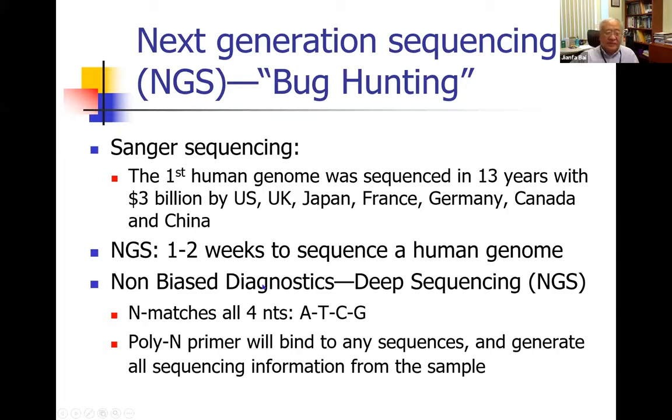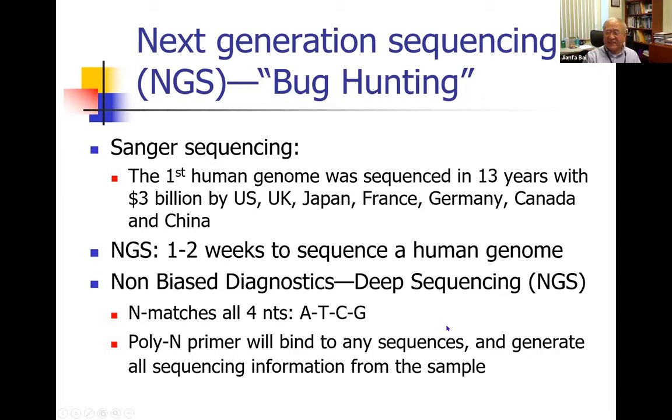With next generation sequencing, we can get it done in a week or two. Why it's so high throughput is because there are billions of reactions simultaneously occurring in the second generation sequencing, while the first generation is sequencing a single piece at a time. And for diagnostics, we call it non-biased diagnostics because you can sequence everything from the sample.